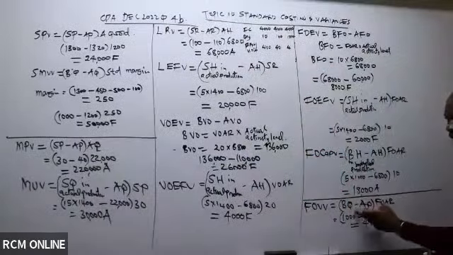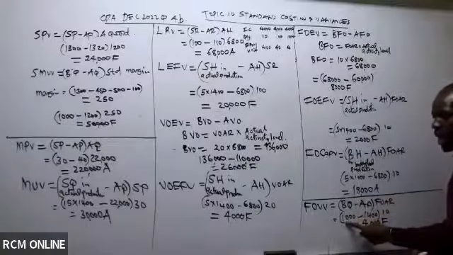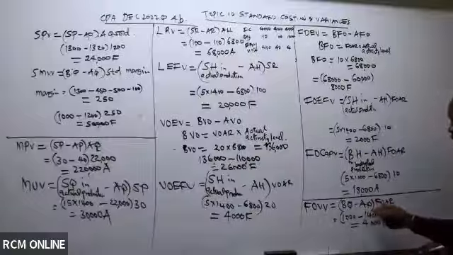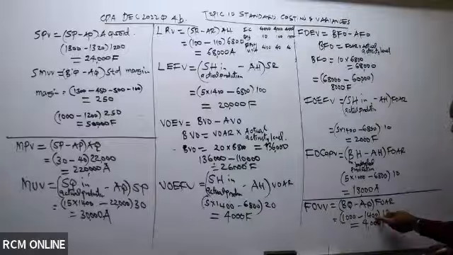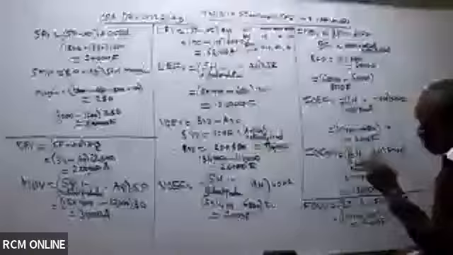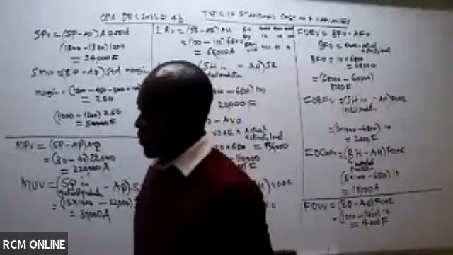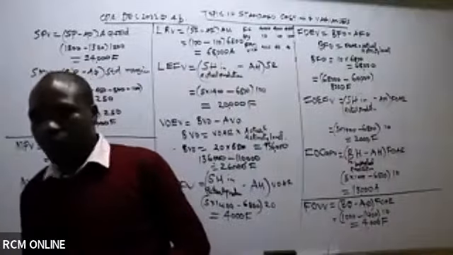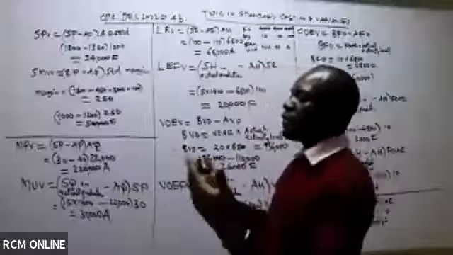When you come to this part, they budgeted to produce 1,000 units, and you can tell the production cost per unit. When the units increased to 1,400, are we talking about favorable volume of output or adverse? It is favorable.